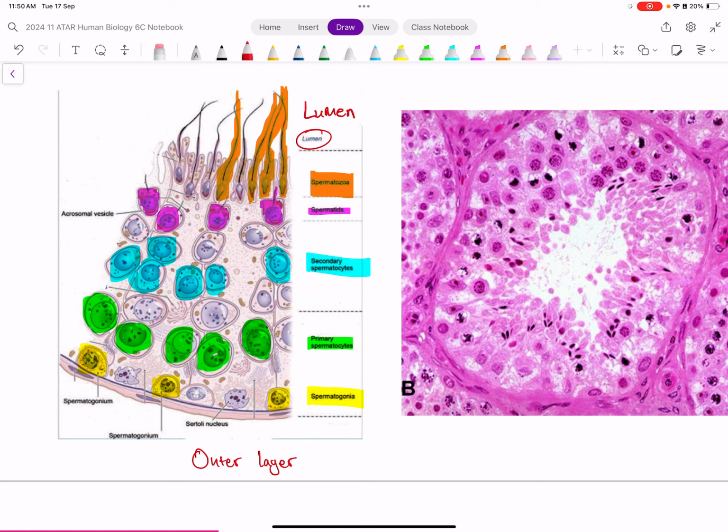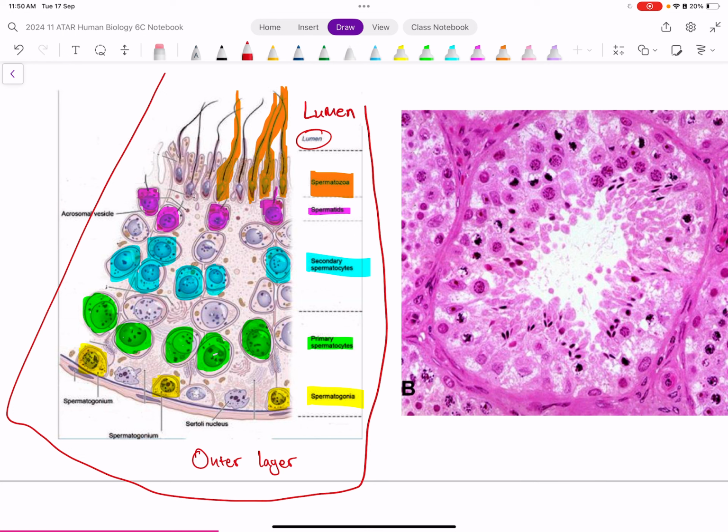Now on the right-hand side, we can see what is in this image, but in a real seminiferous tubule. So if I was to take a cross-section of this one here, and we have a look almost like a slice of pizza or a piece of pie, we could then do the same thing with this cell here. And so what we're looking at in the center of the cell here is the lumen, and then on the outer side we're looking at that outer layer.